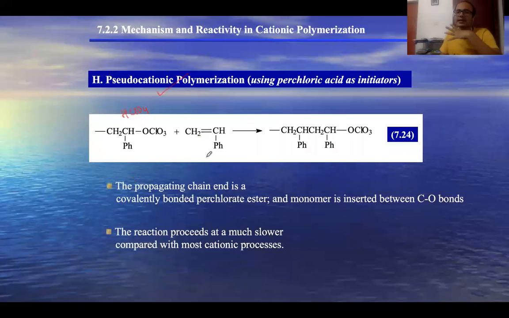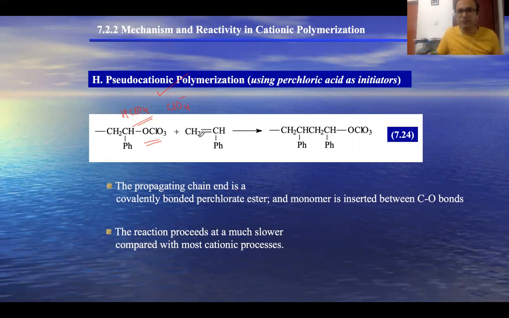When we studied the mechanism of how this polymerization is happening, we found that often the propagating chain is covalently linked with the counterion, which in this case is nothing but ClO4 minus. The covalent linkage retards the rate of polymerization when we use perchloric acid as an initiator.